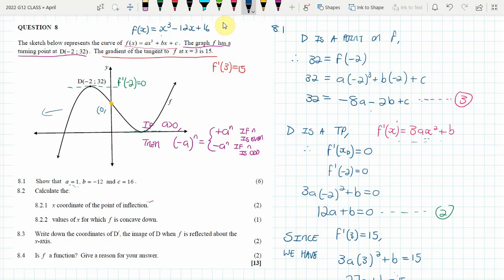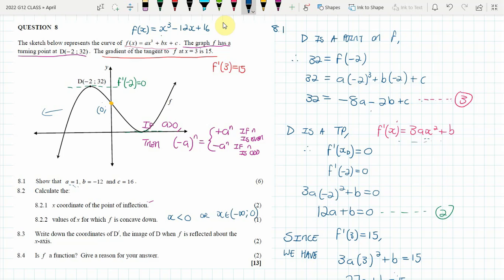But now we are going to focus on the x coordinate of the point of inflection. We can write this in interval notation or in inequality notation. We can say when x is less than 0, or we can say when x is an element of numbers from minus infinity up to 0.